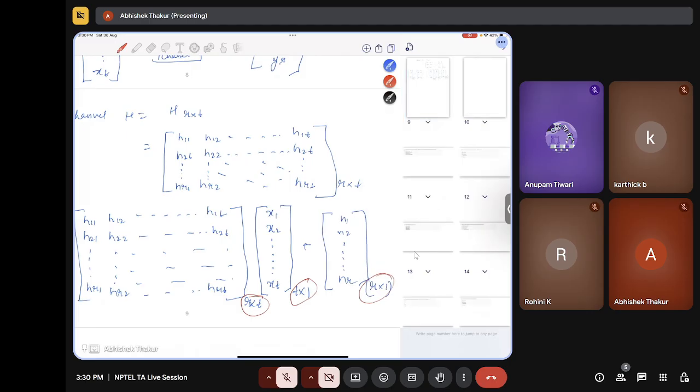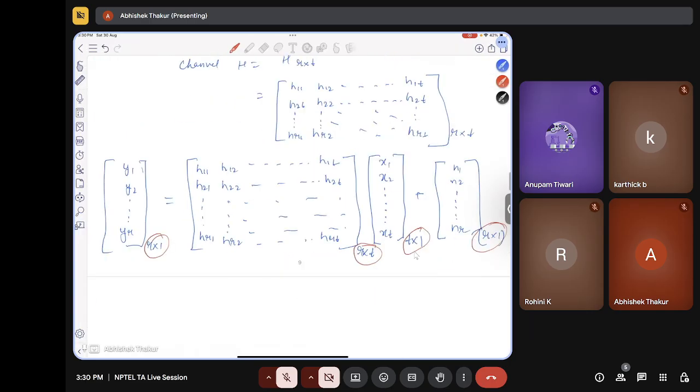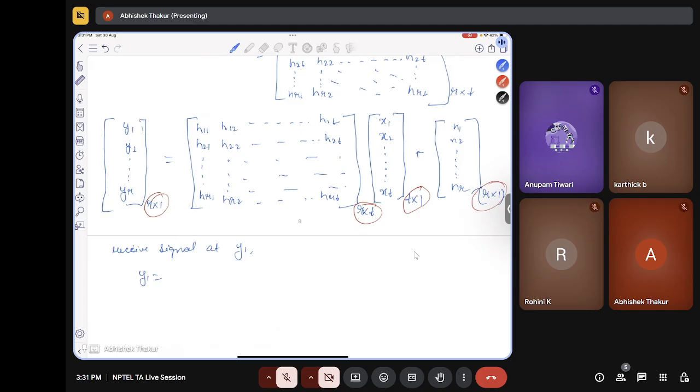And also the received signal at Y1, Y1 meaning the first receive antenna, we can write.